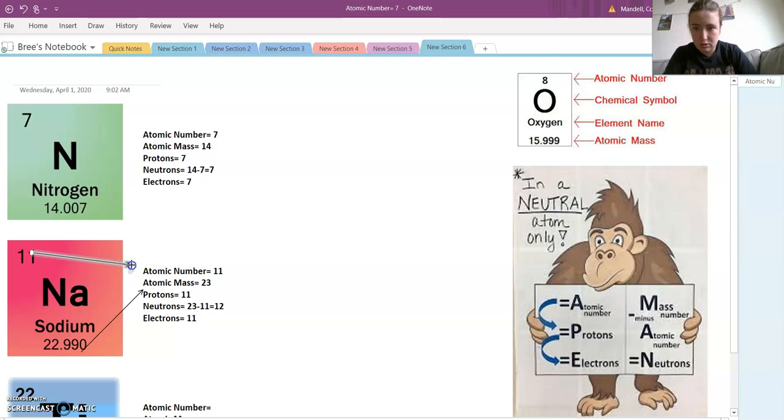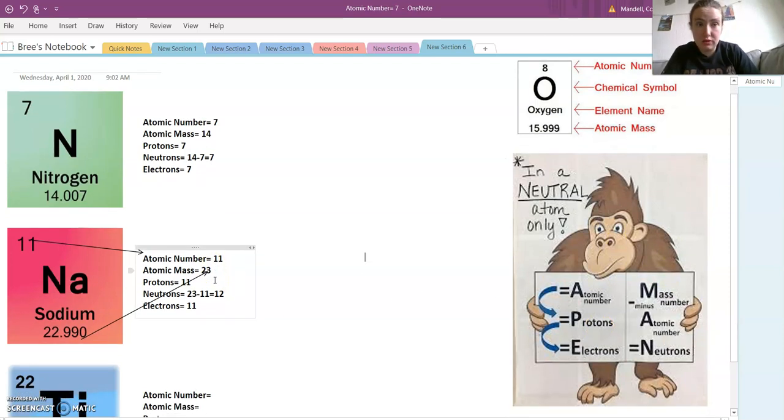Let's try to make it a little more clear what it's pointing to. Atomic mass coming from the bottom there. There we go. Pointed out that 23. And then the protons, neutrons, and electrons I get from my APE Man mnemonic device.